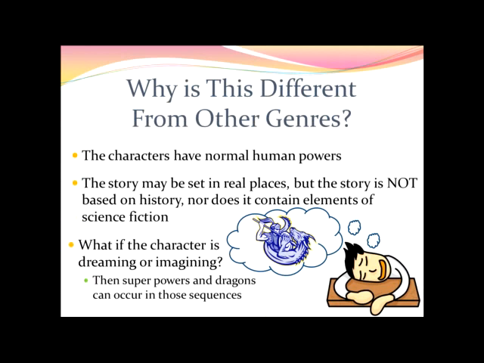Now, why is this different from other genres? Well, the characters have normal human powers, so they can't lift a building, they can't fly, stuff like that. The story may be set in real places, but the story is not based on history, nor does it contain elements of science fiction.